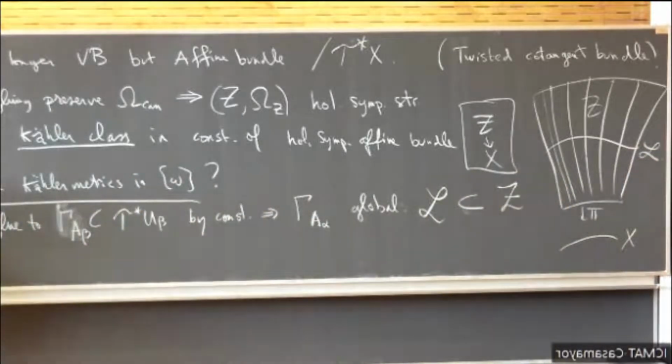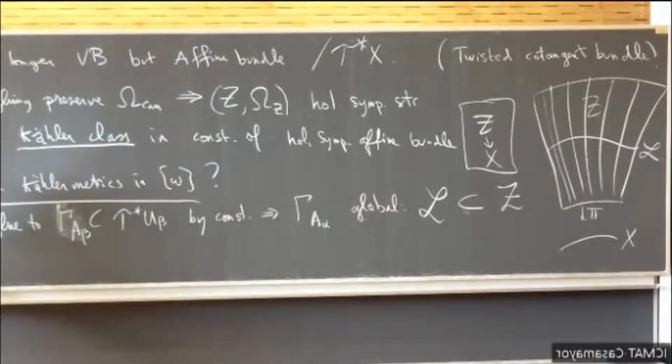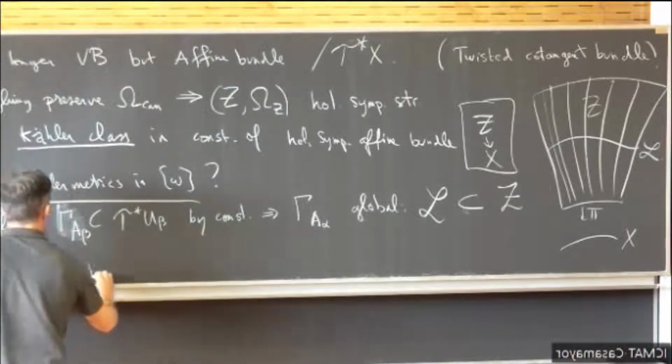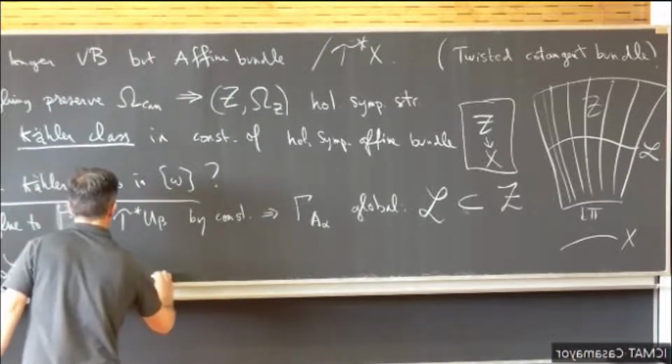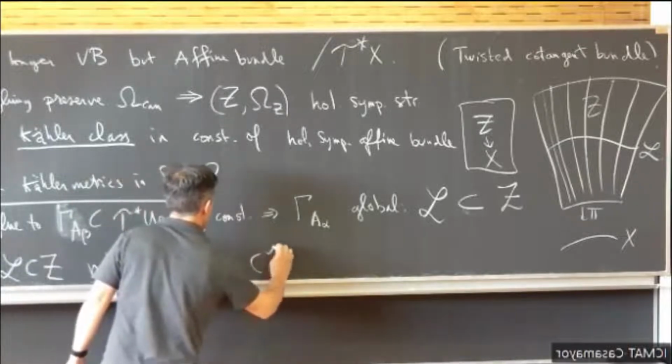Now, the important thing is that these A alphas, they are not holomorphic. Right? And therefore, this submanifold is not holomorphic. See, this is the warning. But L inside Z is not holomorphic. It's C infinity instead.